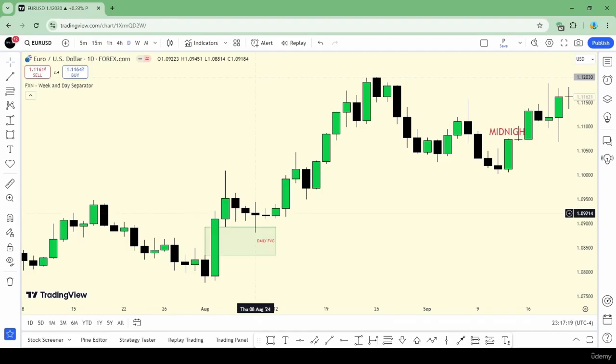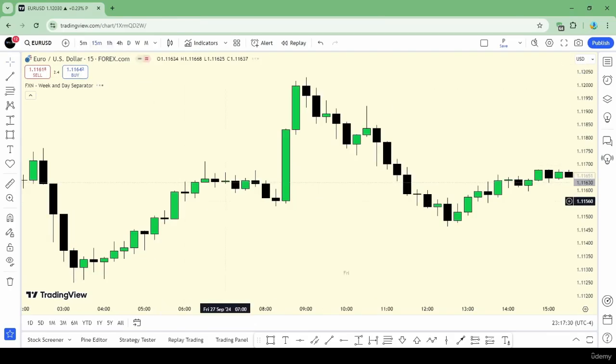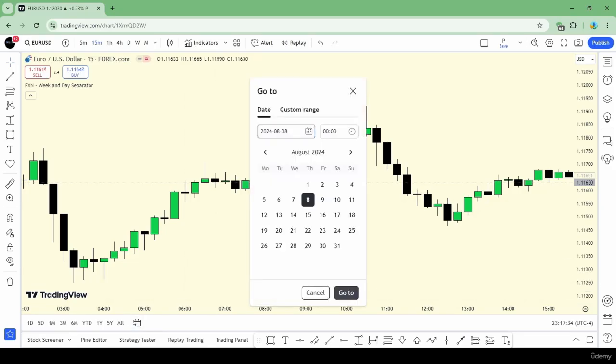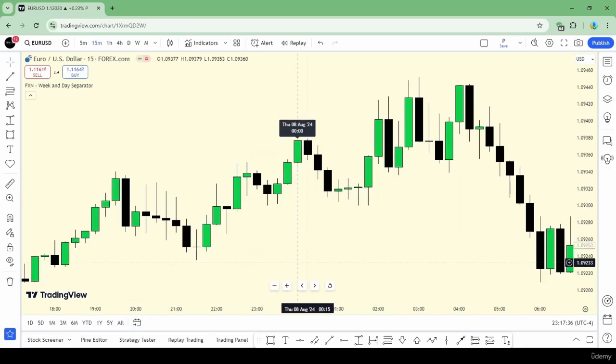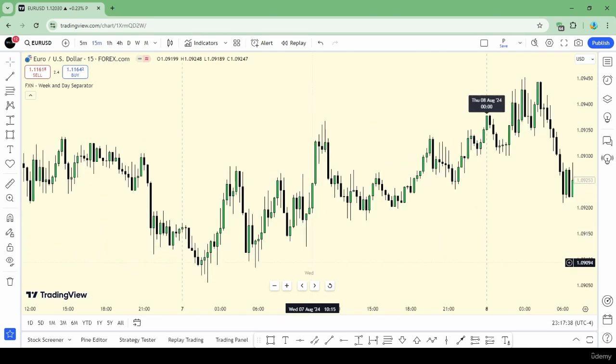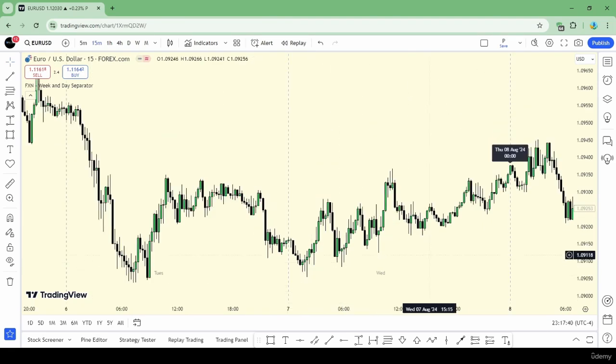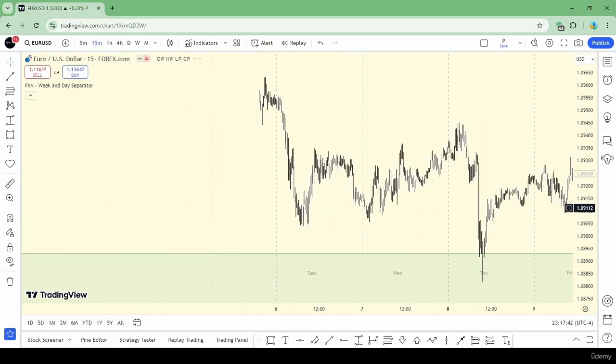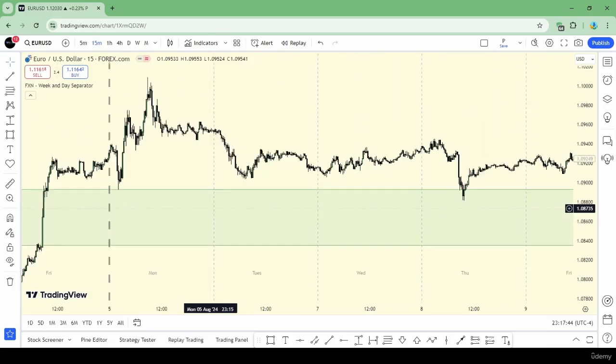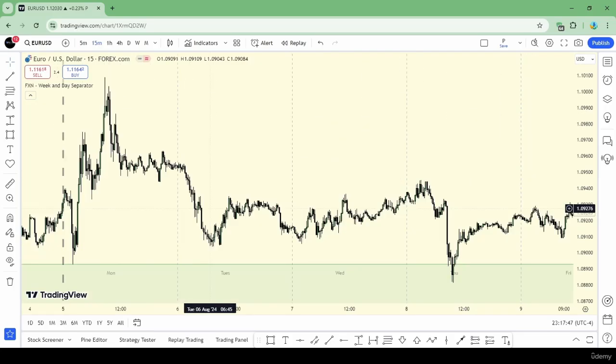This was around the 8th of August. Let us go into the 15 minutes chart so that we may see what the market did and get a clear picture of this strategy. So where is our daily fair value gap? Yeah, this is it.